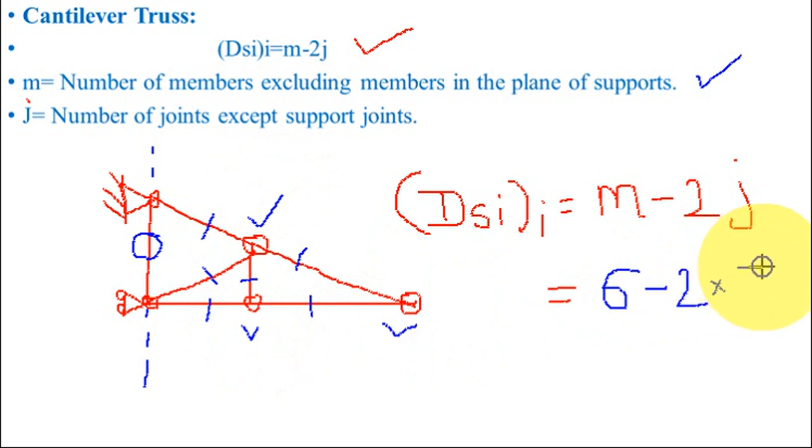So there are 3 joints. 2 into 3, so 6 minus 2 into 3 means 6 minus 6 is equal to 0. And therefore the given truss is internally determinate. So in this way we can calculate internal indeterminacy for a simply supported truss as well as for a cantilever truss.